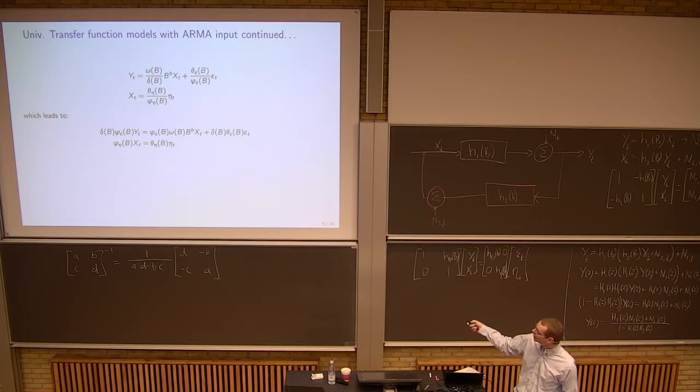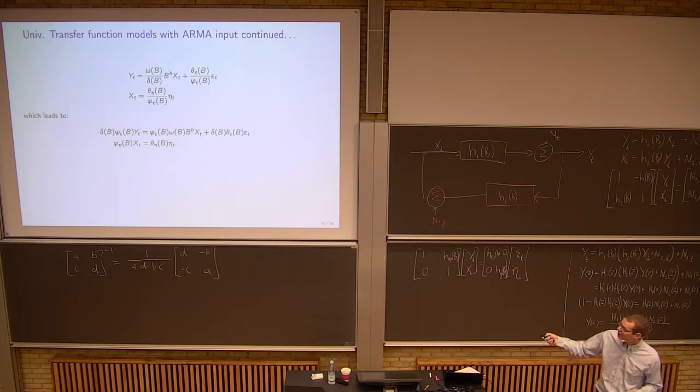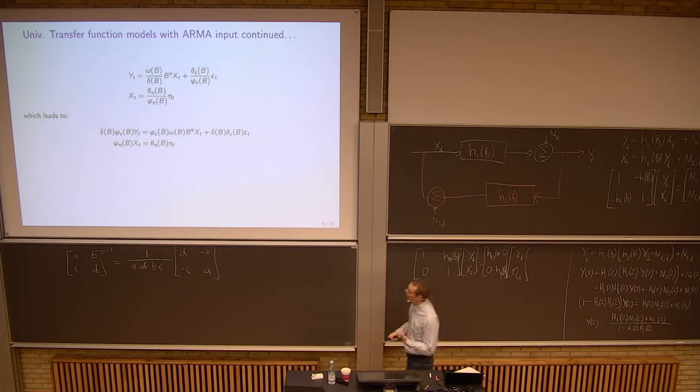So you have it there and you get it there. Then you have phi epsilon of b, you get it there and you get it there. And the second one is fairly easy. You just get phi eta of b on xt and a theta eta of b on eta t.